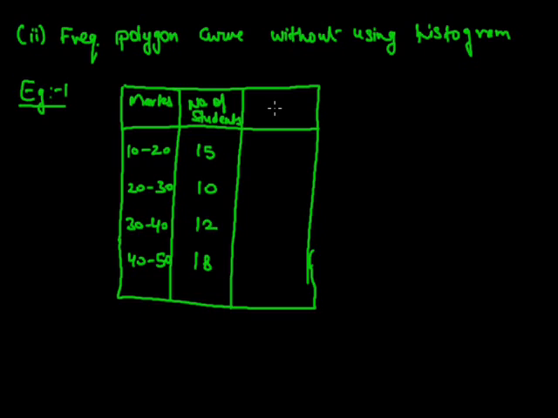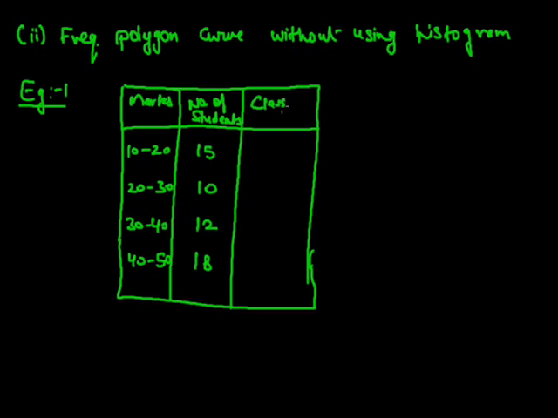So how to do it in this type of case: we'll directly find out the class marks or midpoints of the marks given, and accordingly we'll plot the graph using those class marks on the basis of the number of students.